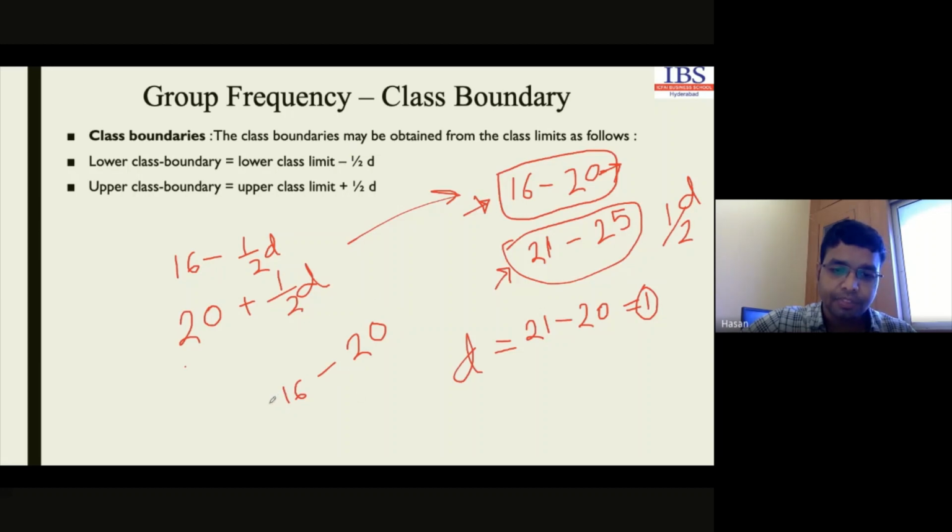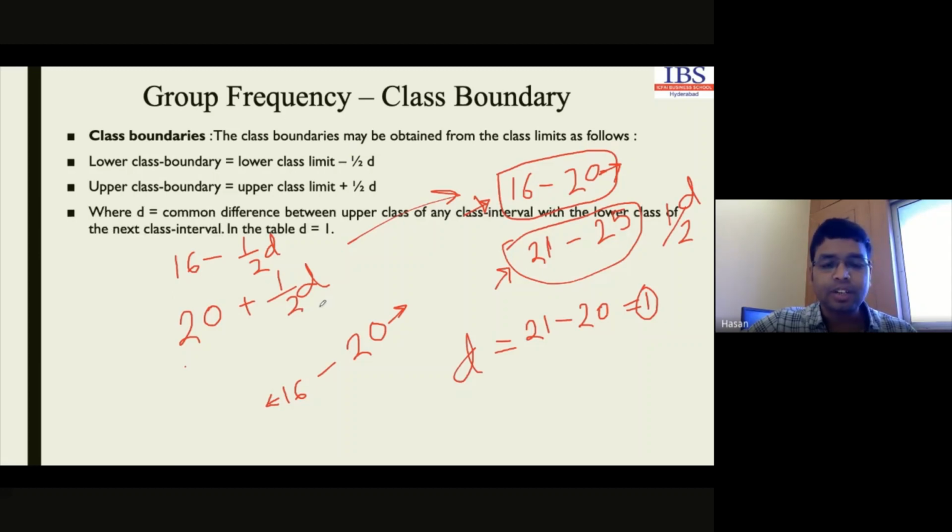From 16 there will be a boundary at the lower point and from 20 a boundary at the upper point. So that's why it is plus and minus. D indicates the common difference between the upper class limit of any class and the lower class limit of the next class interval. In this case it is 1. So for the 16 to 20 class, the lower class boundary will be 15.5 and the upper class boundary will be 20.5.